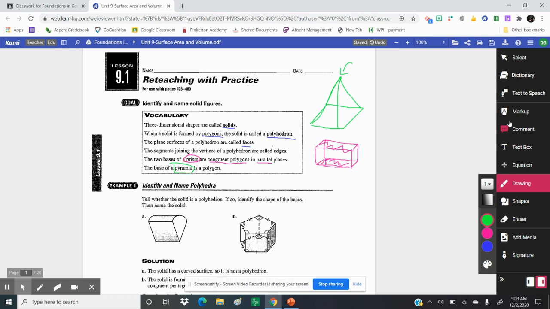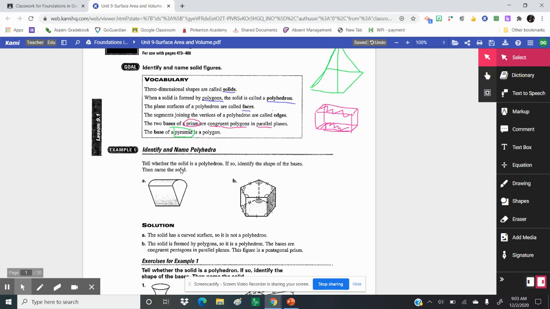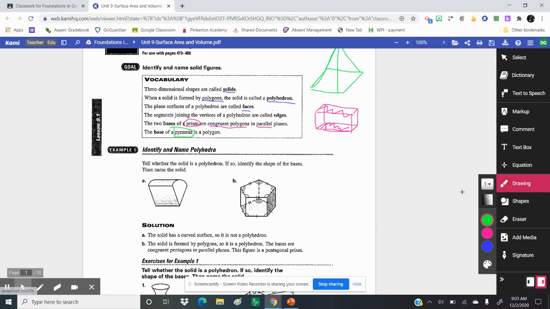It says, tell whether the solid is a polyhedron, and if so, what is the shape of the base? All right, and you're always going to name the polygon by the shape of its base. So for instance, in this one here, this would be called a rectangular prism because the base is a rectangle. So here, this one has a shape right here. This is its base, but that is not one of the polygons that we talked about last term.